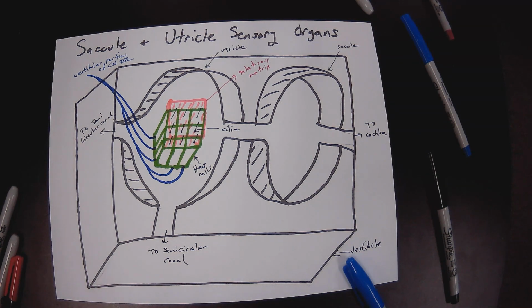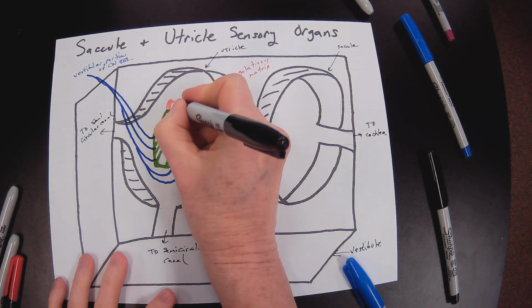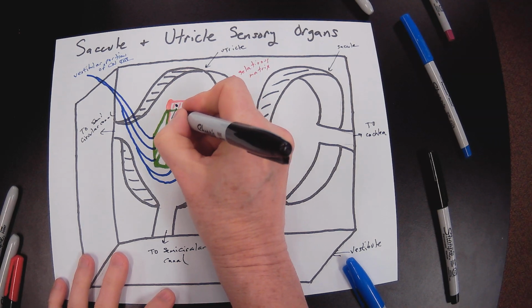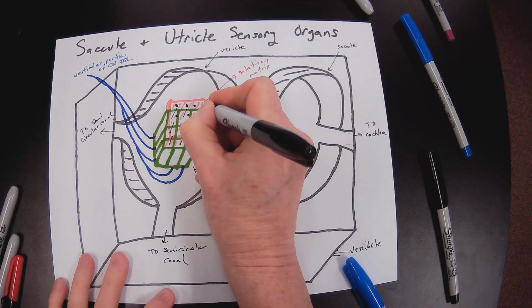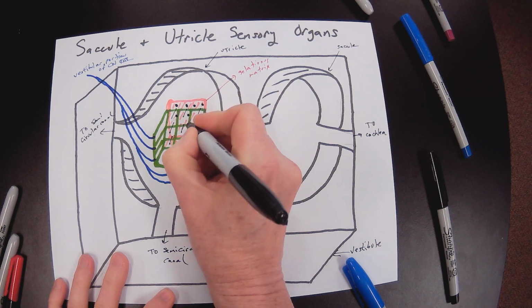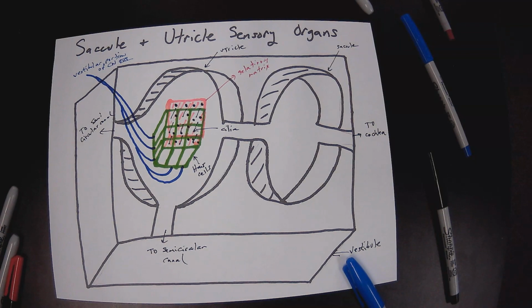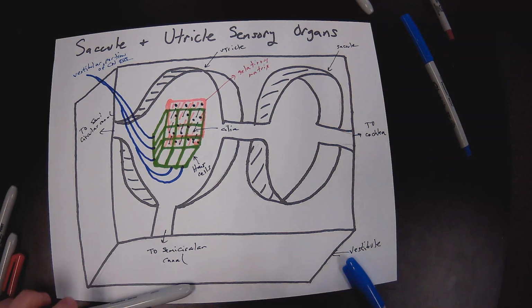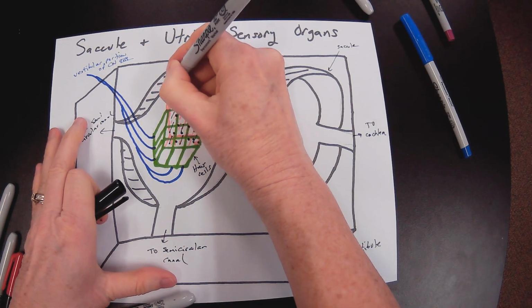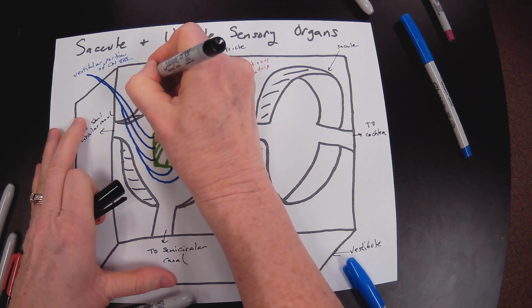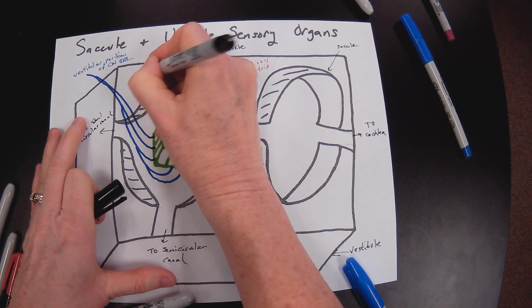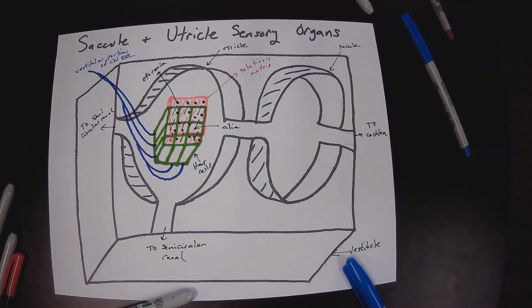They're nothing more than calcium carbonate crystals, embedded in the top of the gelatinous matrix. Sometimes they can come out. These black things are called otoconia.